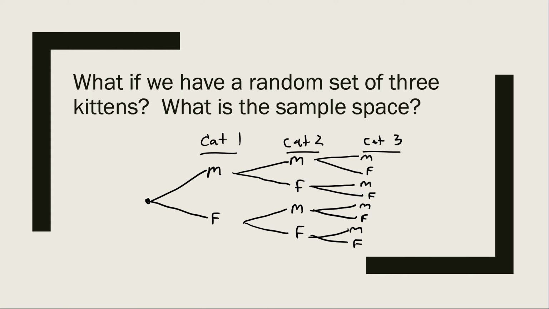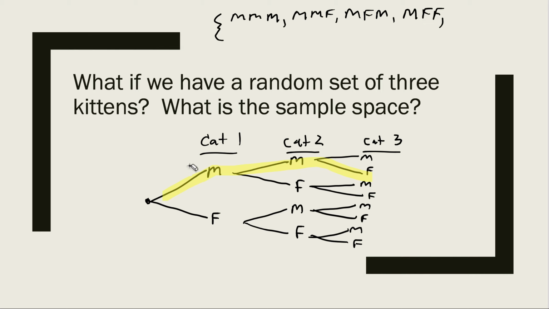And then we would want to list out those outcomes for our sample space. So our first one would be all 3 males. And then our next one would be male, male, and then coming down for female. And then we would have male, female, male, and male, female, female.